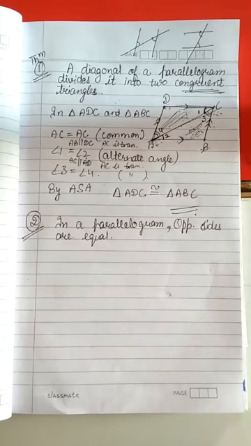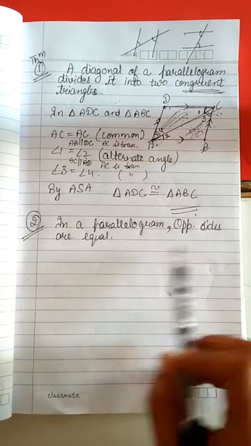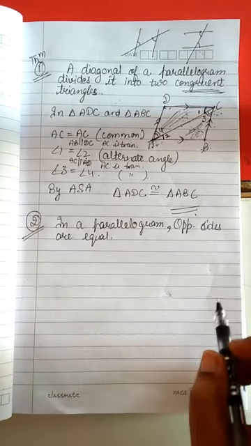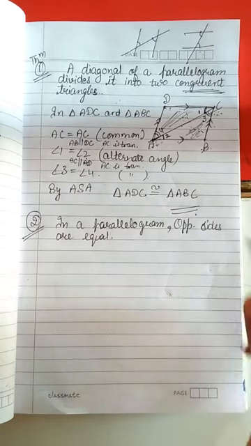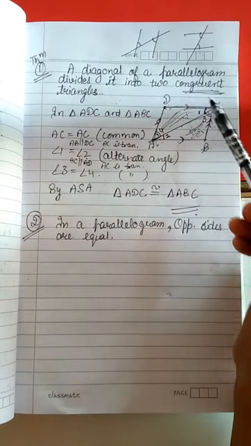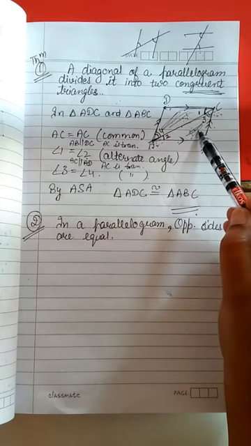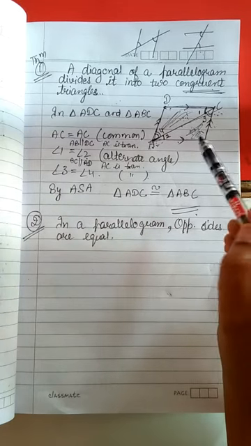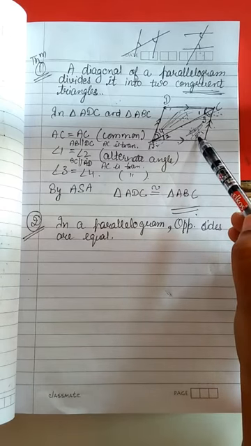The next property of the parallelogram is that in a parallelogram opposite sides are equal. As in the previous theorem we discussed that a diagonal of a parallelogram divides it into two congruent triangles, meaning this triangle is congruent to this triangle. So the corresponding parts of congruent triangles are also equal.